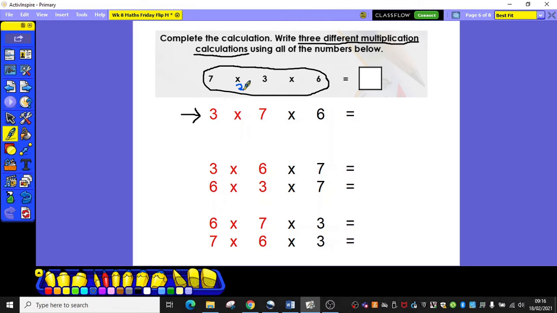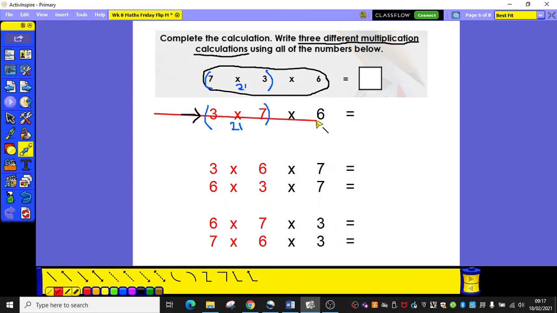Okay, I can even put some brackets again on that just to show we're going to do that first of all. And then I'm going to multiply 21 by 6. If I switch my 3 and my 7 round the other way, I'm still actually doing 21 times 6.